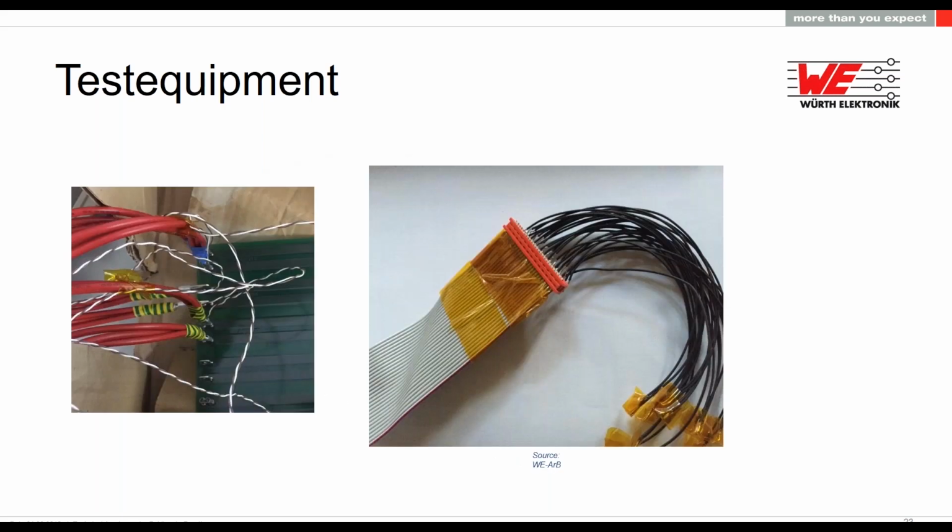On the left side we can see thermocouples in practice. This is a preparation for a measurement on fast-ons on the PCB side. So quite big wires, and the thermocouples directly mounted to the fast-on. The image on the right side with the 20 centimeter wires you've already seen before for the serial wiring.